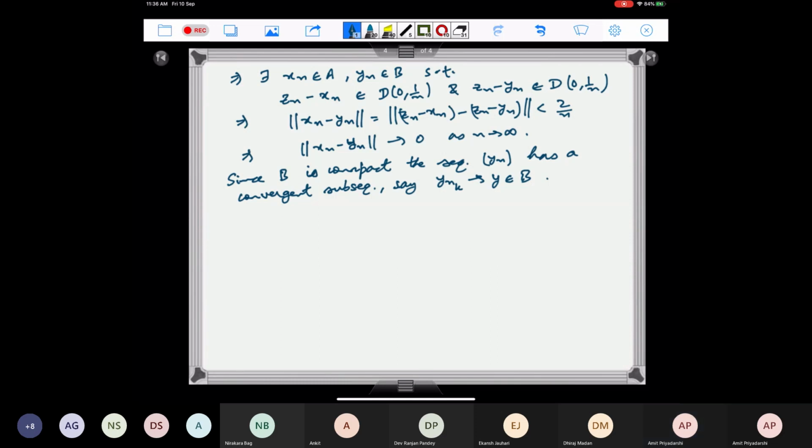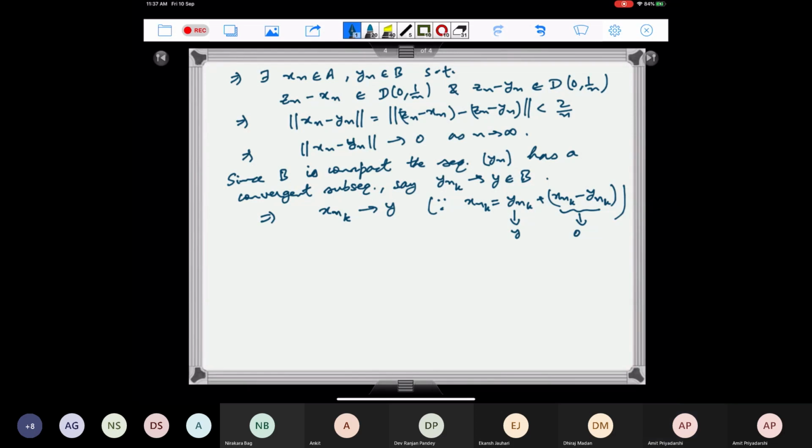This implies xnk must also converge to y, because xnk is nothing but ynk plus (xnk minus ynk), and the first goes to y and the second goes to 0. So therefore xnk converges to y.